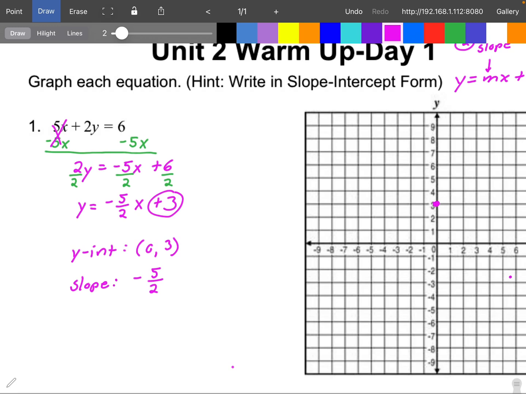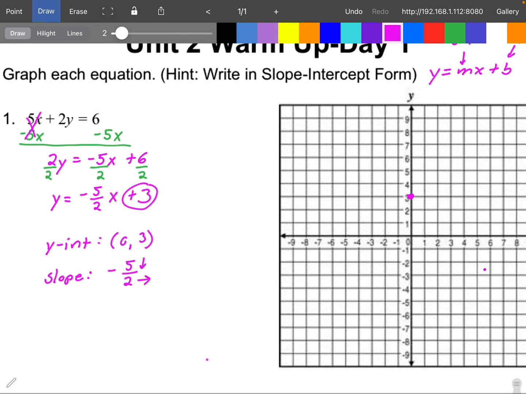Now, because the 5 is negative, that means we're going to count down 5, and the 2 is positive, so we're going to count right 2. So from our y-intercept on our graph, we're going to count down 1, 2, 3, 4, 5, and then right 2. And we have our next point.